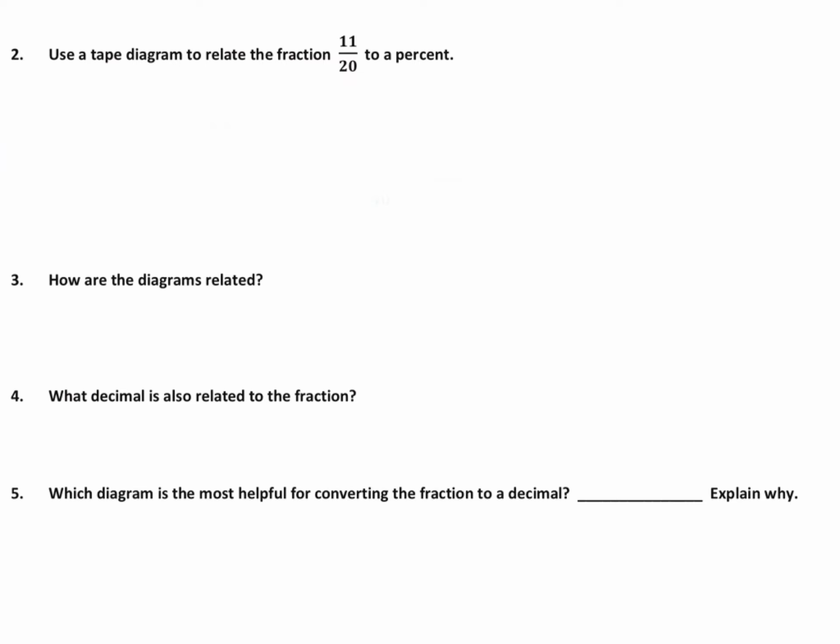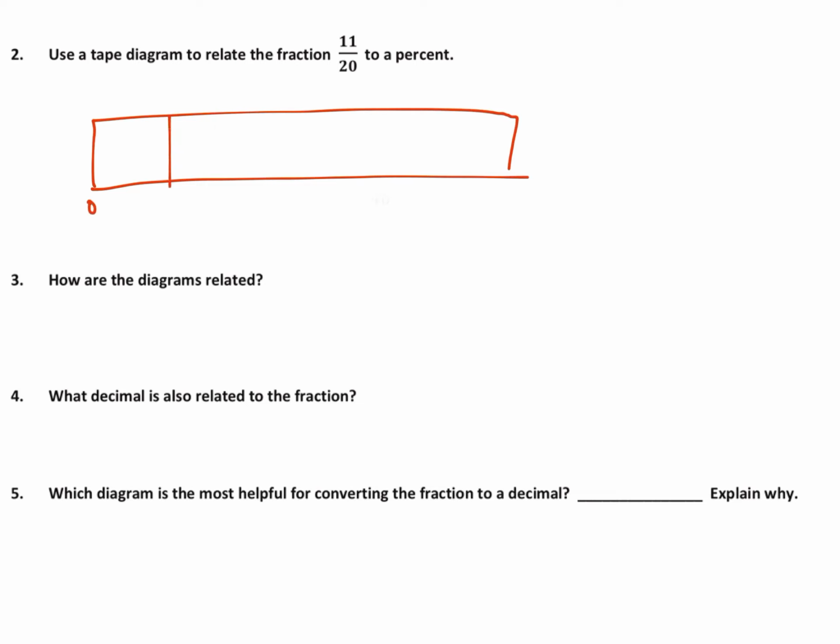Number 2 says use a tape diagram to relate the fraction 11/20ths to a percent. So on this one, if I were to count by 20s, I'd have 20, 40, 60, 80, 100.